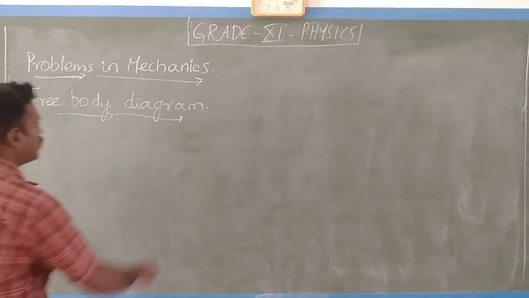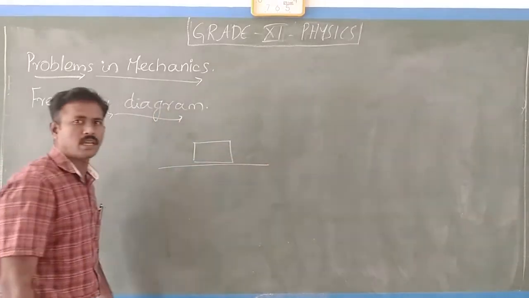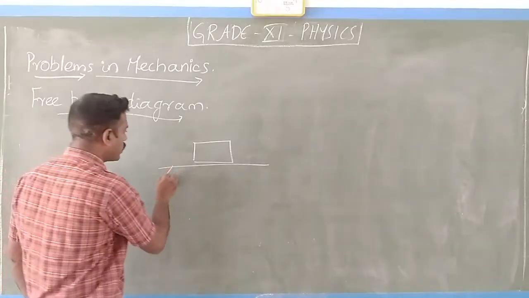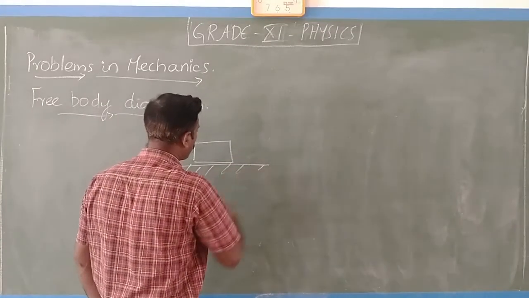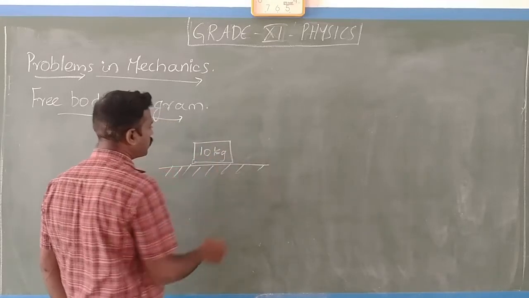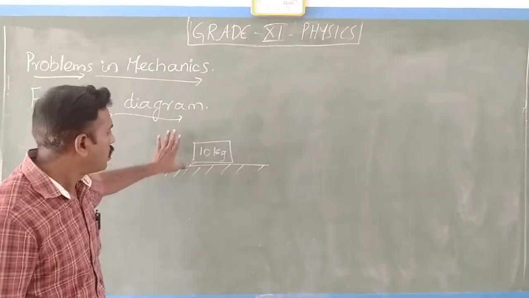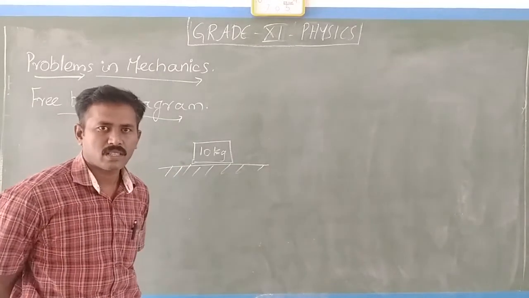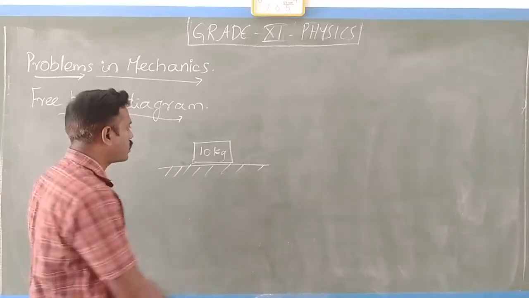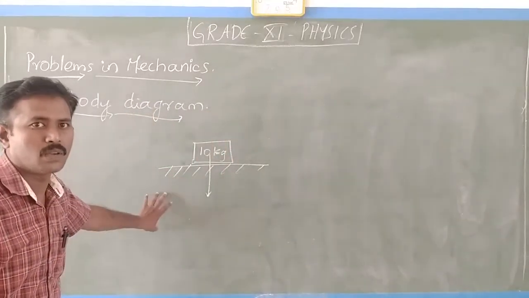Consider a wooden block placed on the ground. Let it be 10 kg. Let this be a 10 kg wooden block. What is the attraction on this wooden block? I will represent it with an arrow.